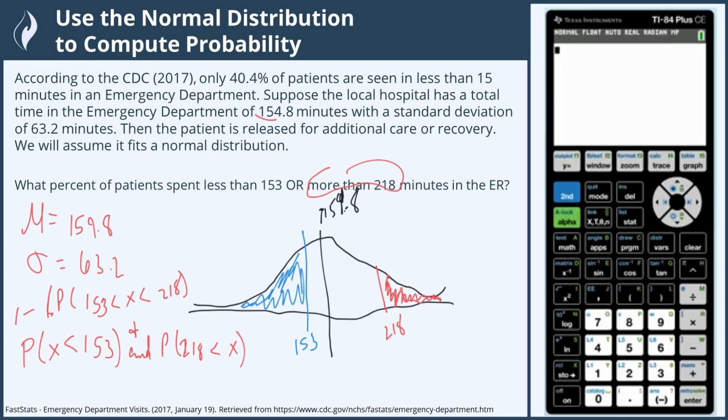So to do that, we are going to click 1 minus, and then we go to second distribution, and then we arrow down to normal CDF. We want our lower value to be 153 and our upper value to be 218.